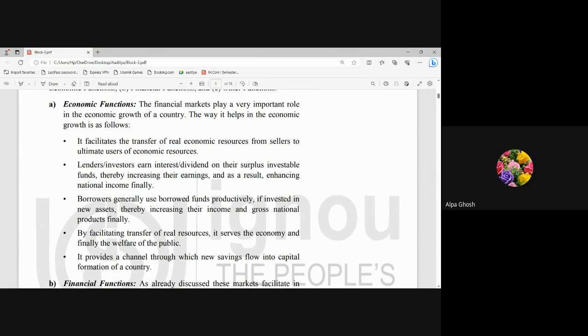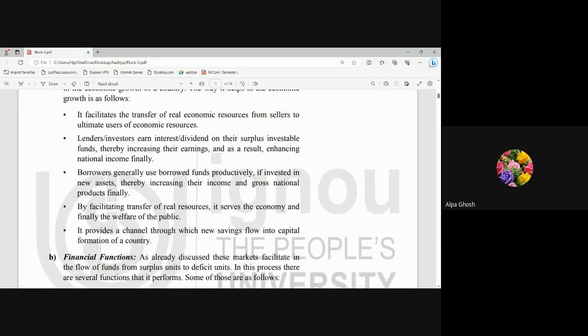The borrowers are borrowing the funds for productive purposes. They borrow the funds and then invest them in the purchase of new assets or in the expansion or other diversification programs of the business. This way also we are going to increase the gross national product or gross income of the country.